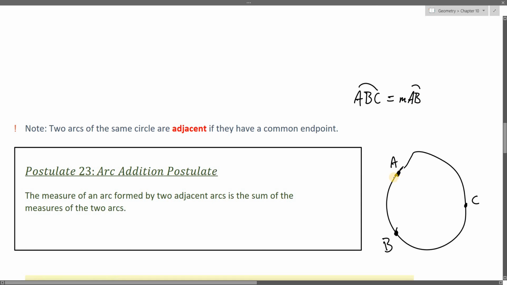Okay, let me draw that. Arc AB is all of this plus the measure of arc, not angle, that's different notation, arc BC. Okay, and so there we go. And so that's going to give me ABC.